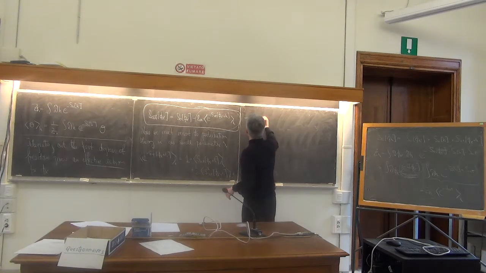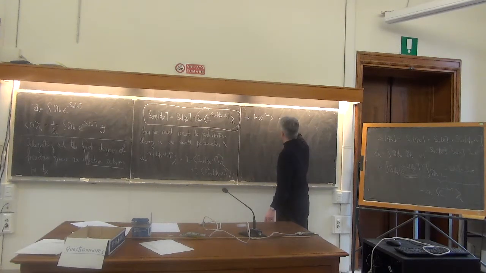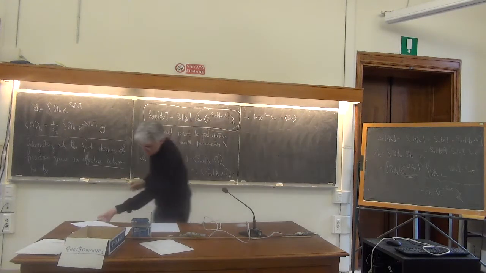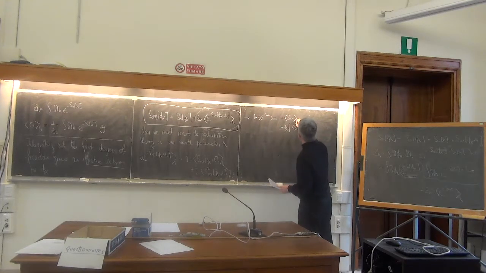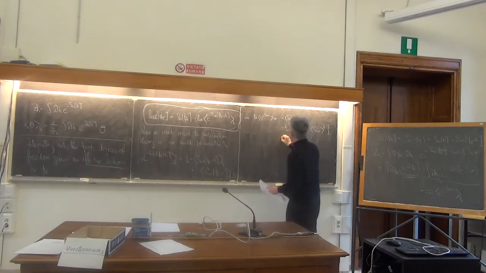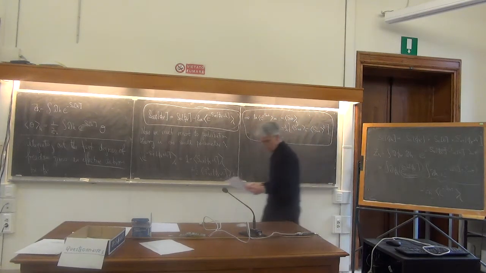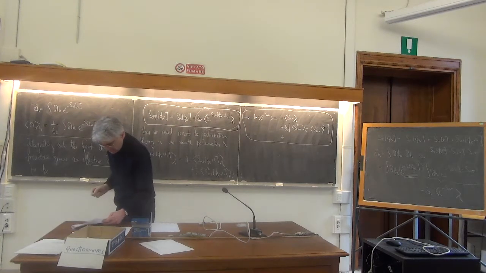So log e to the minus s int becomes minus s int, and now I get two terms, plus a half s squared int minus s int squared plus dot dot dot. Okay.